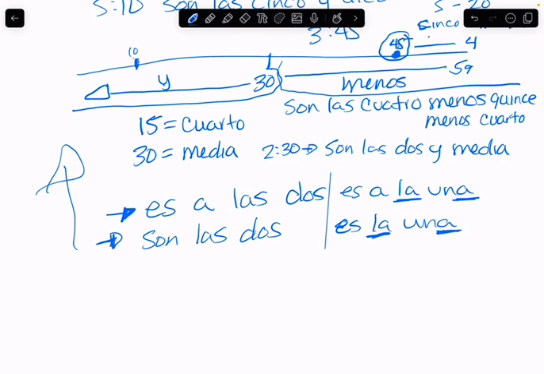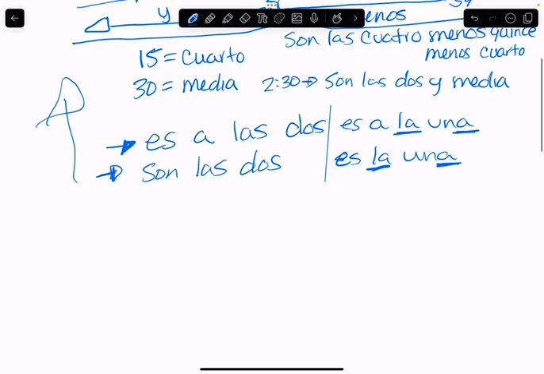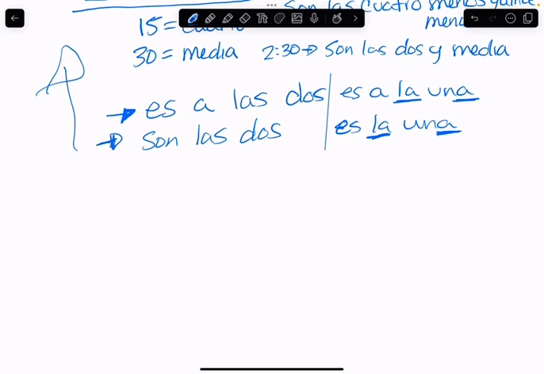So when you're scheduling, or I'm asking you about a schedule, what time something is, it is normally es a las. When it's talking about what time it is now, son las. Bien? So now, es a la, son las.